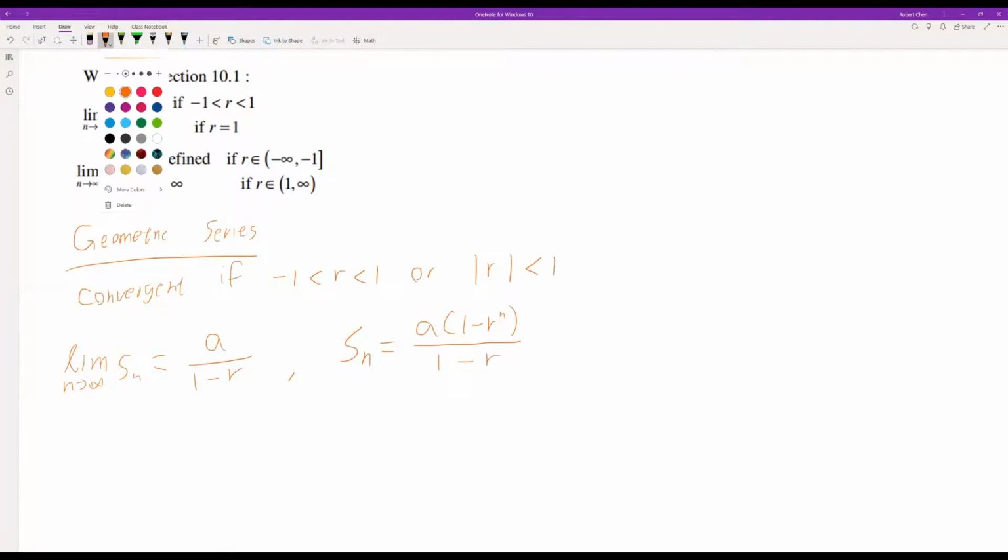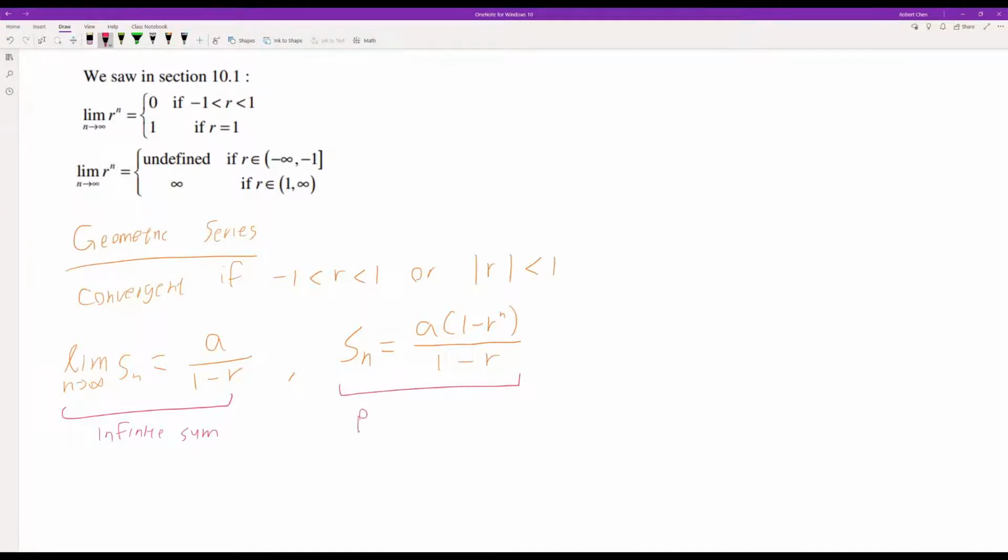The main difference between these two is that this is the infinite sum, and this is the partial sum. So if you just want to add up the first few terms of the geometric series, you would use the partial sum. But if you want everything, you would use the infinite sum formula. As you can see, the infinite sum formula is much easier than the partial sum formula.